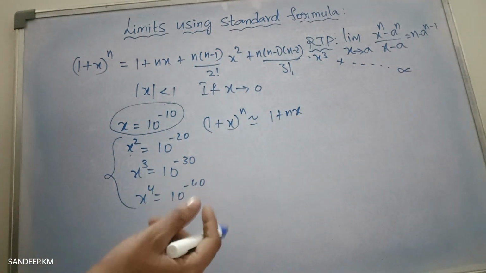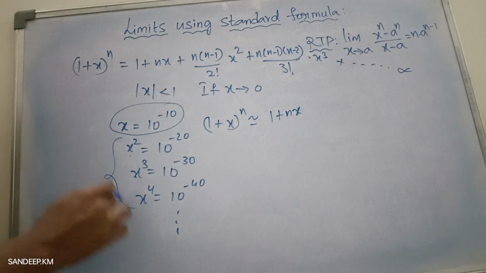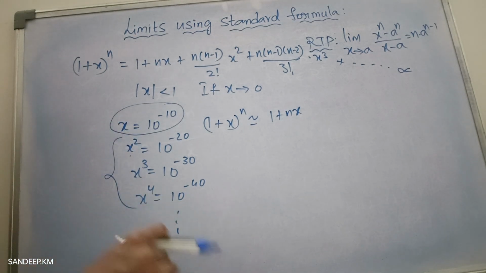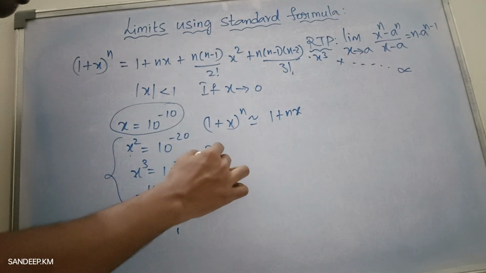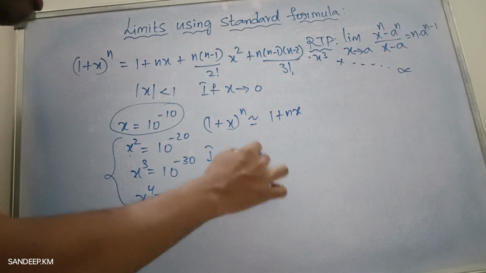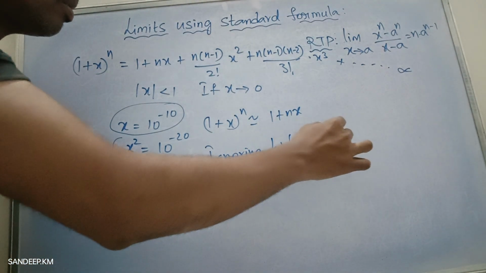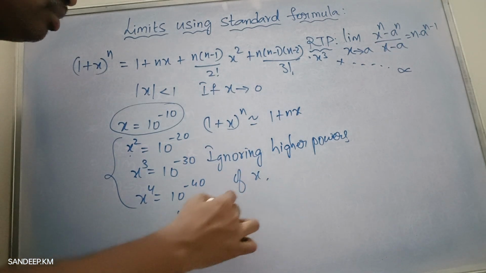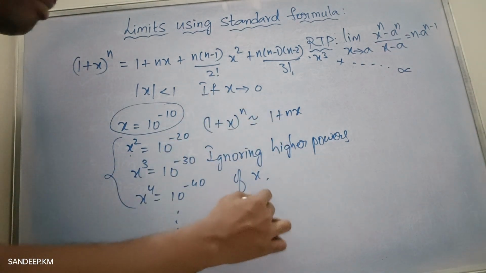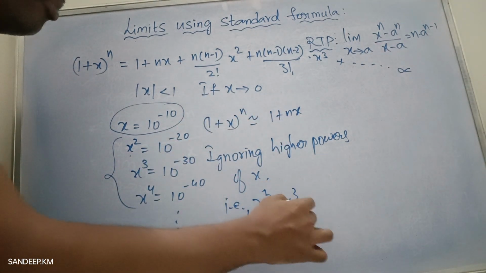What is the reason that we are ignoring them? Because their values are almost negligible. For that reason we are ignoring the higher powers of x. So in this expansion I am ignoring x square term, x cube term and so on.